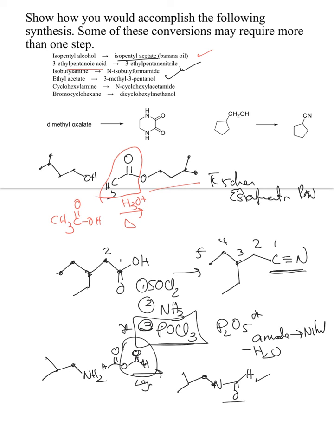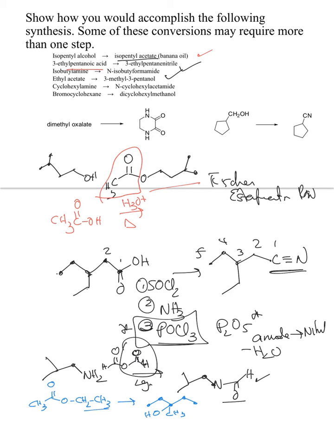Ethyl acetate. So what does ethyl acetate look like? Well, there's your ethyl portion, and there's your acetate. And you want to make 3-methyl-2-pentanol. So let's draw out 5 carbons. 1, 2, 3, 4, 5. 3-methyl. There's your 3-methyl.